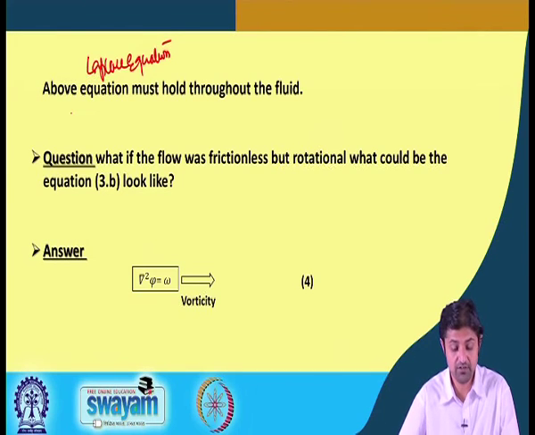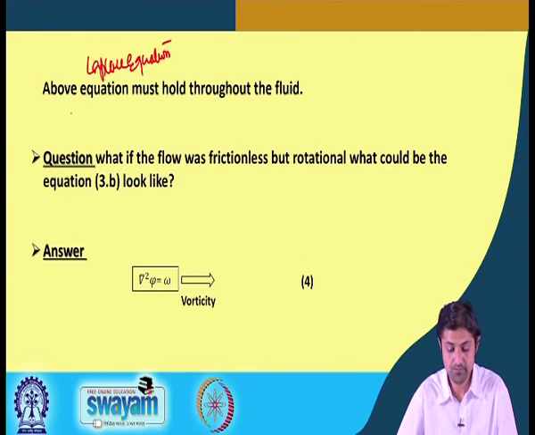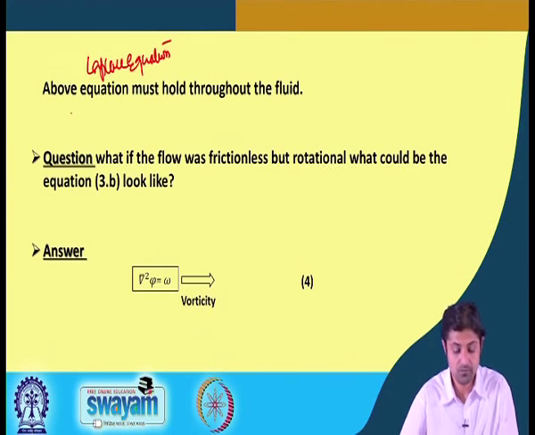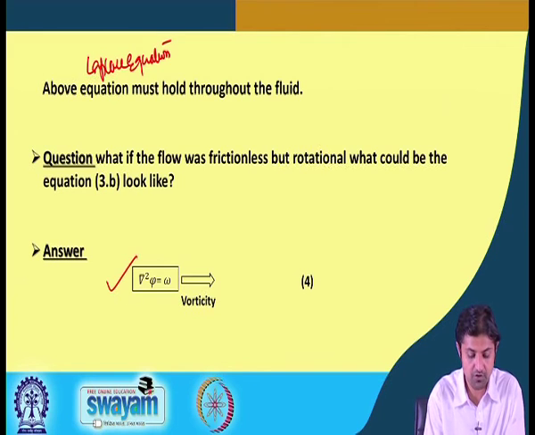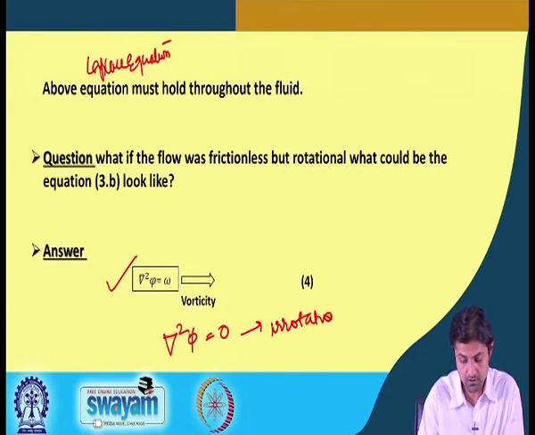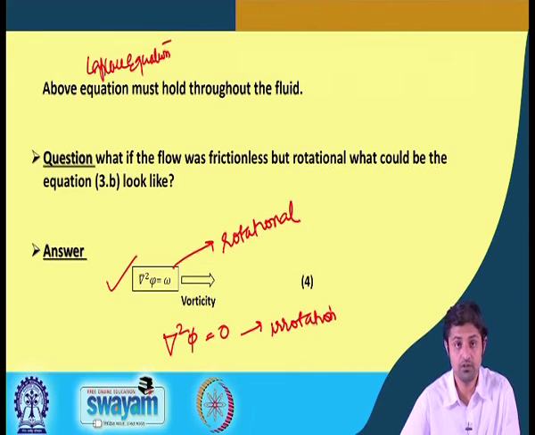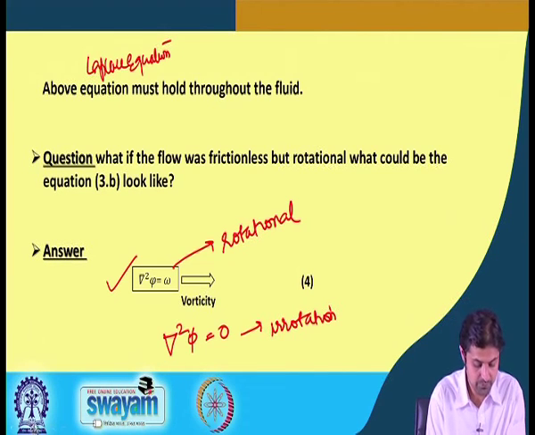So del square phi is written as omega, which is equal to the vorticity. This will be the resulting form of the equation. For irrotational flow we got 0, and this is true for rotational flow.